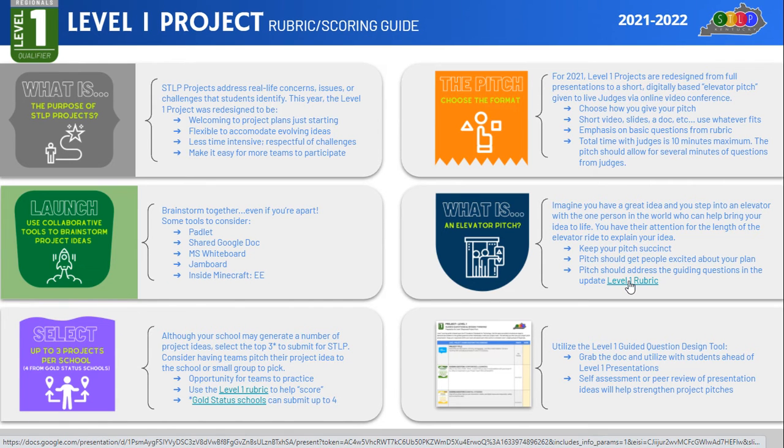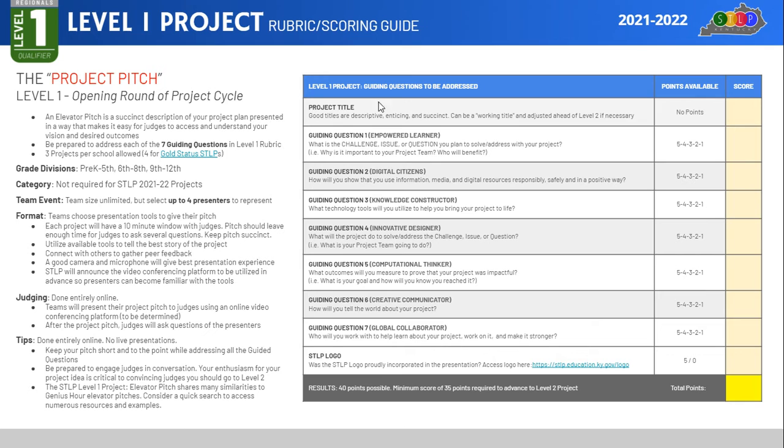All right, so let's look at the level 1 rubric. You'll notice that it has project title, but you don't get any points for project title. But the project needs to have a title. So, on the one that we were talking about, it could be Don't Miss the Bus or Get on the Bus. You want it to be catchy.